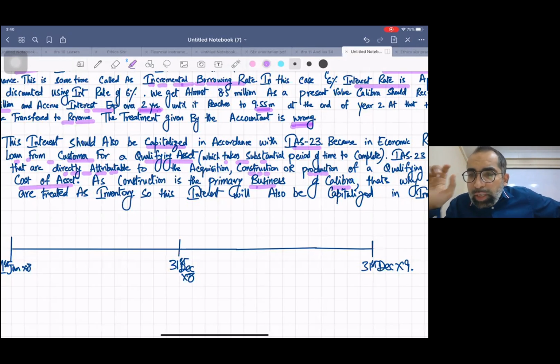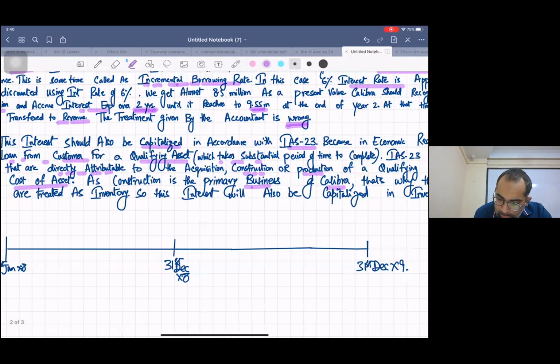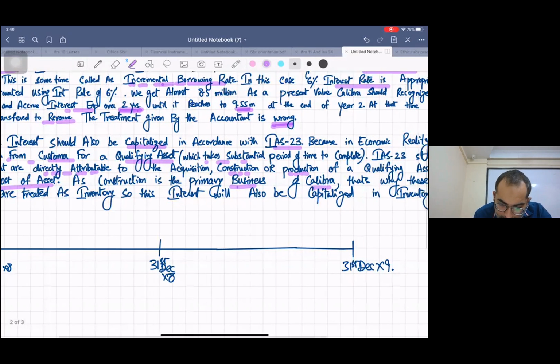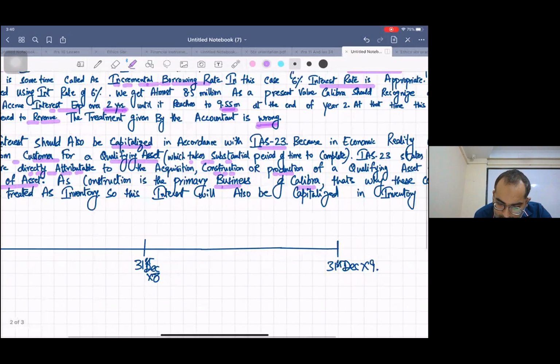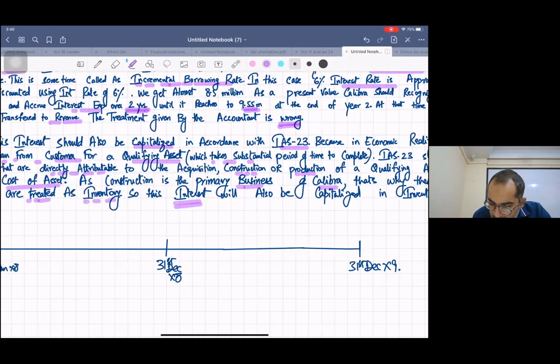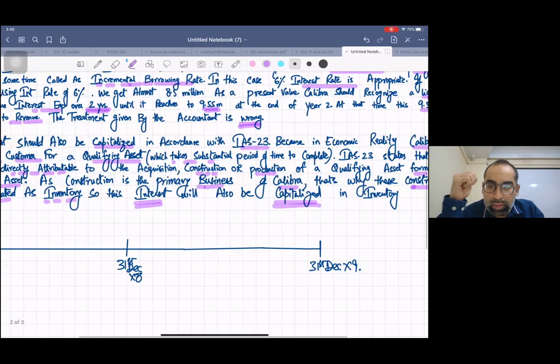So now we are going to capitalize the interest with the name of inventory, not with the fixed asset. That's why the construction units are treated as inventory. So this interest will also be capitalized in inventory.